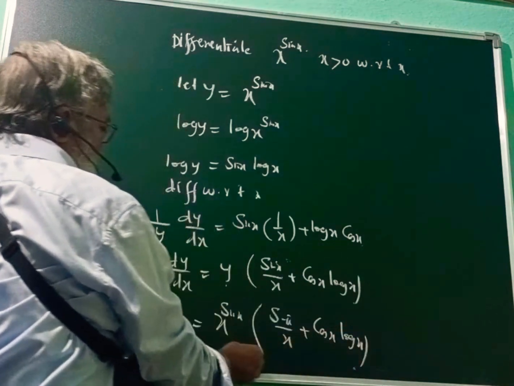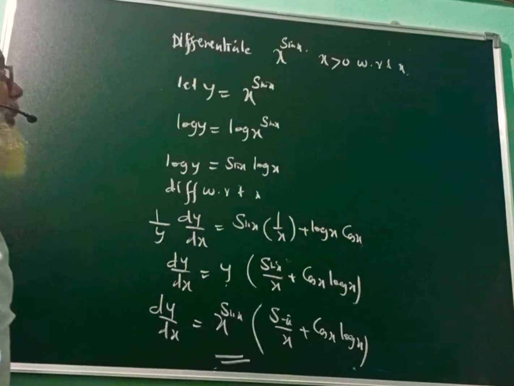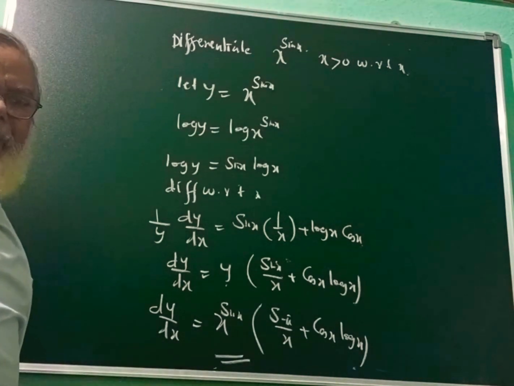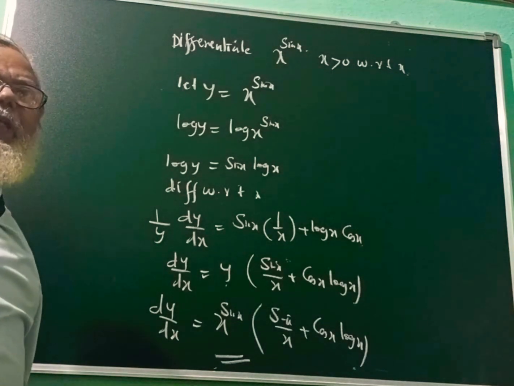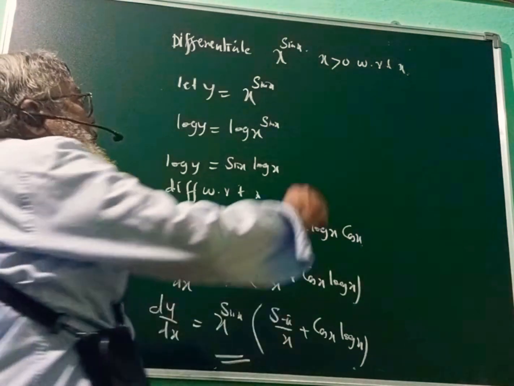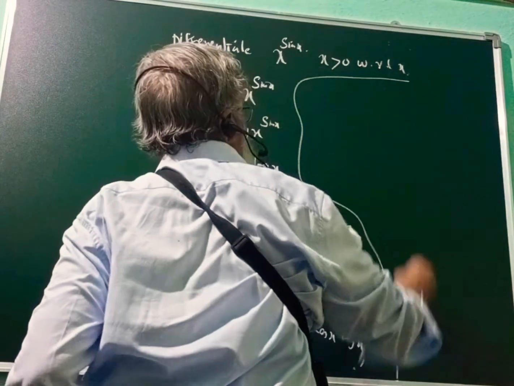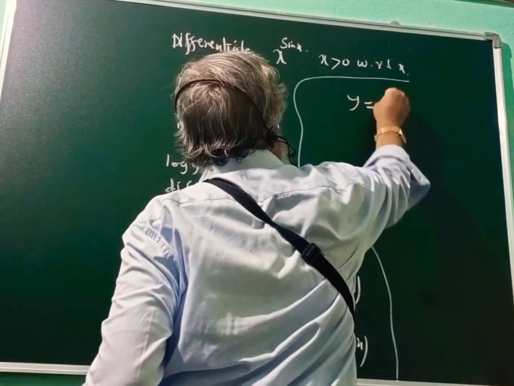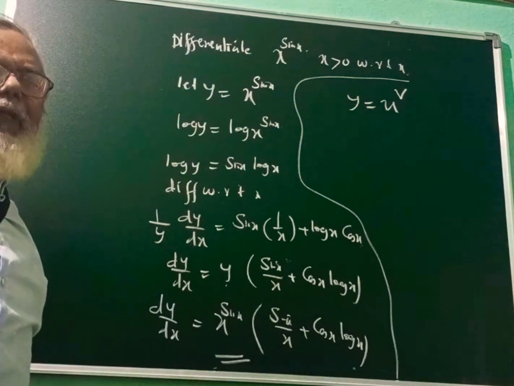Now this is the general method of logarithmic differentiation. This method is simplified by using one very simple formula, which is very useful for CET problems also. I will explain it here. The formula is that y is equal to u raised to v, where u and v both are functions of x.